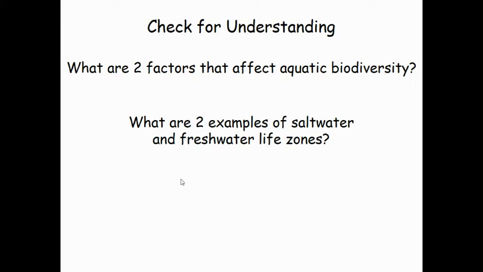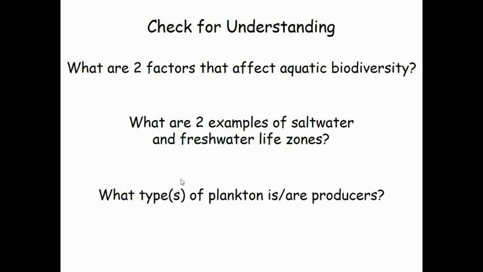This is saltwater, oceans, estuaries, coasts, coral reefs. Freshwater, lakes, streams, inland wetlands. Good. What type or types of plankton is or are producers? Take a look at number 7 for that one. Yeah, so we got phytoplankton and ultraplankton are both photosynthetic or producers.